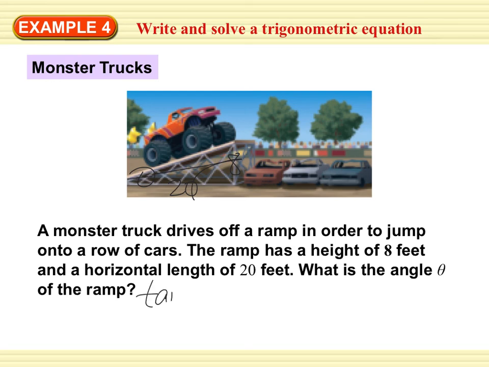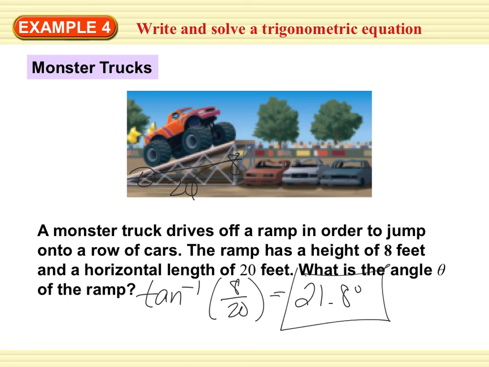So I can do tan -1 of opposite over adjacent, and that'll give me a degree. This is where trig stuff is useful. I got 21.8 degrees, and that works. See, trig is useful.